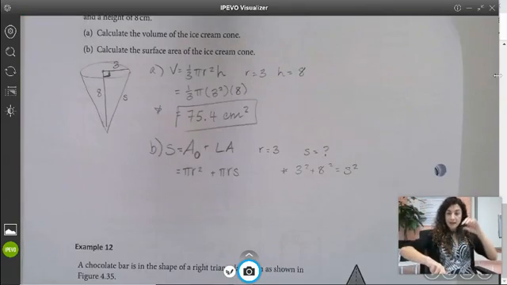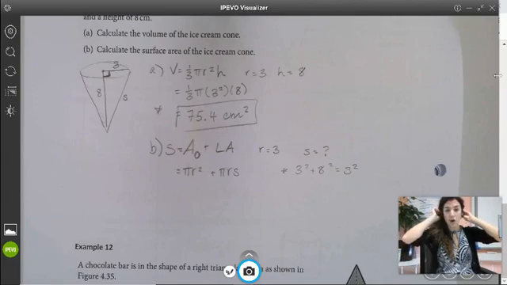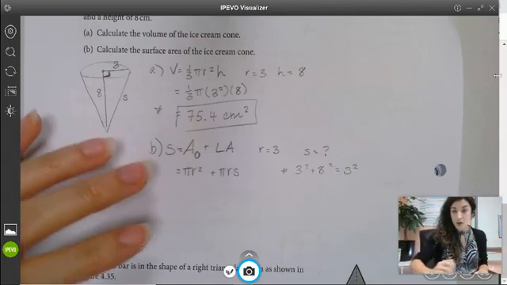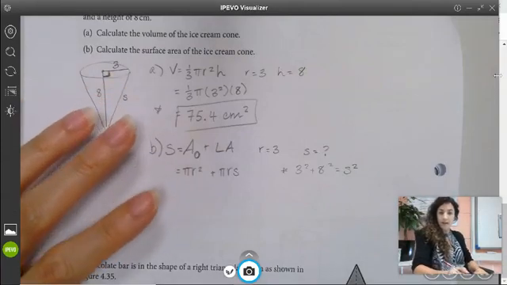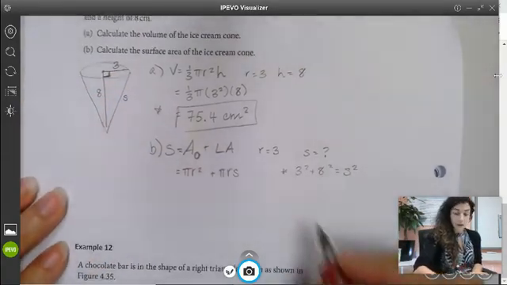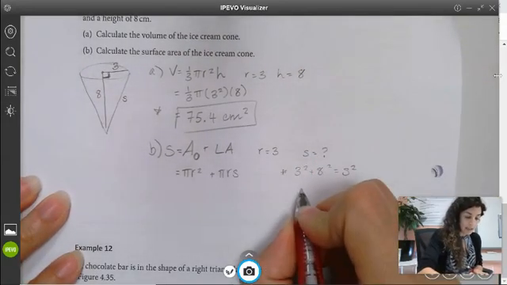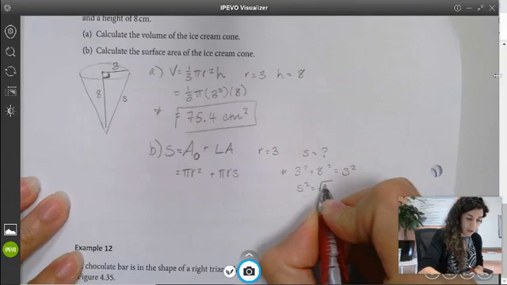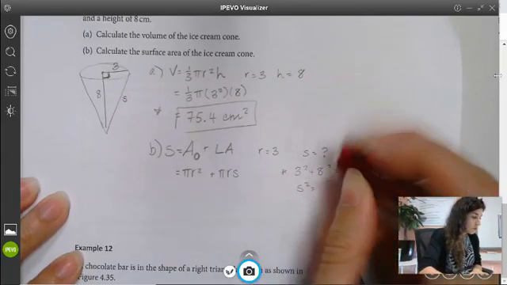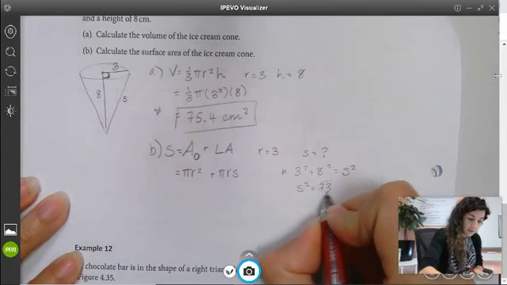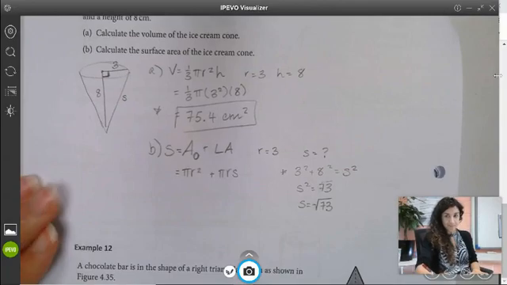I would leave it inside of the square root because we really are only using this s value in order to solve for the surface area. So solve for it, but leave it inside the square root so it'll be easier to deal with the exact value later. 3 squared is 9, 8 squared is 64. Add them together, we get that s squared is equal to 73, which means that s is equal to the square root of 73.